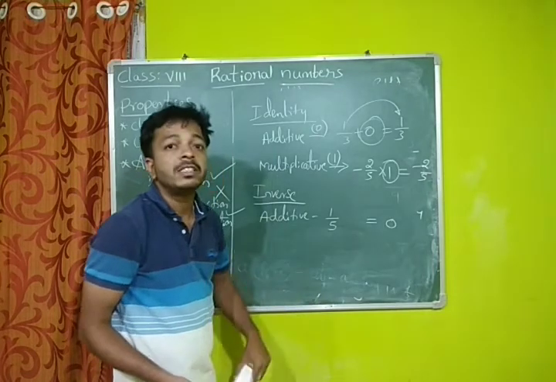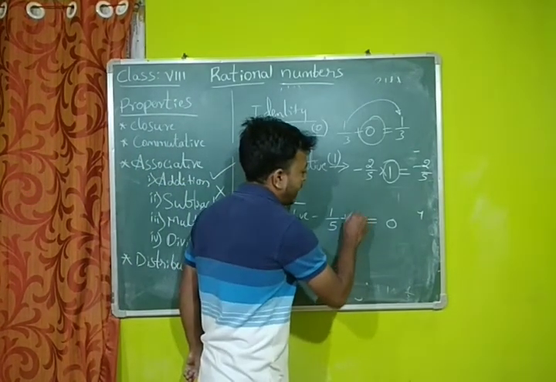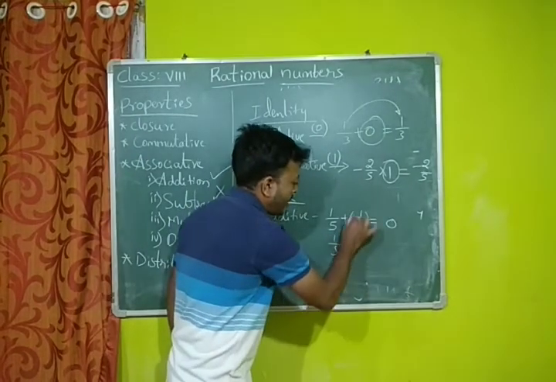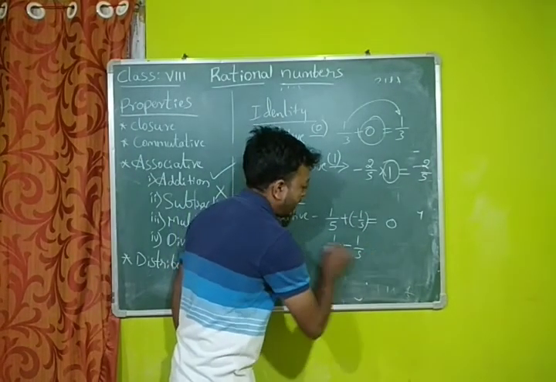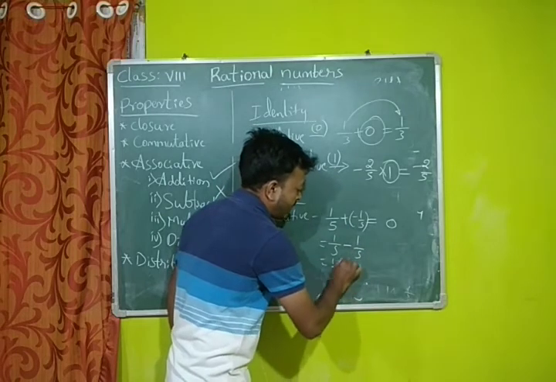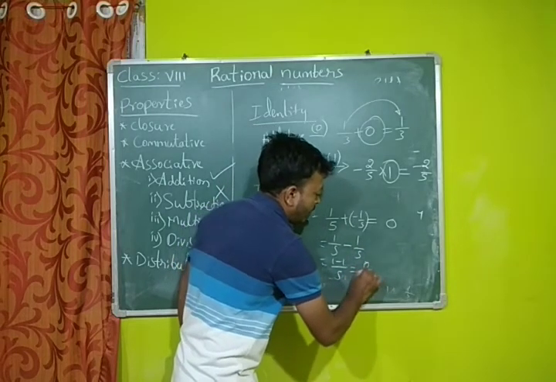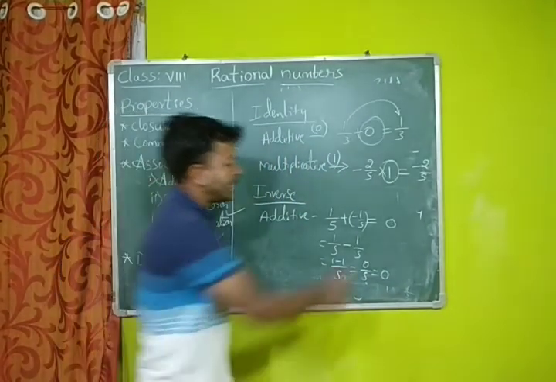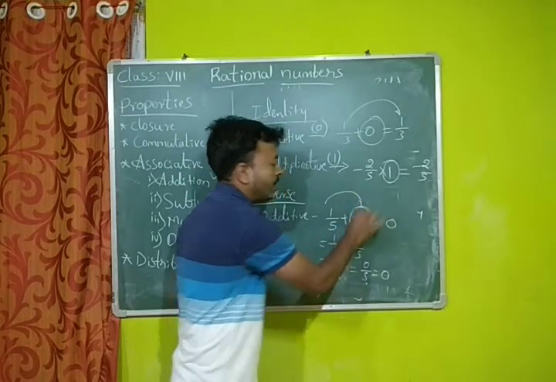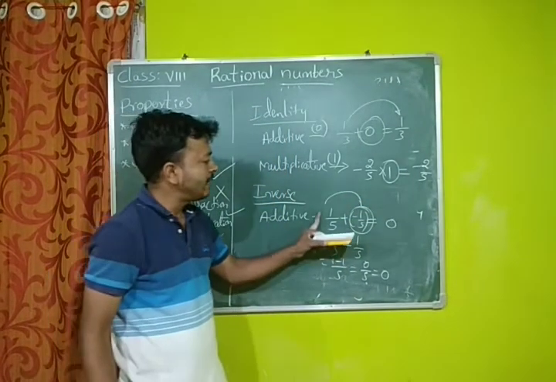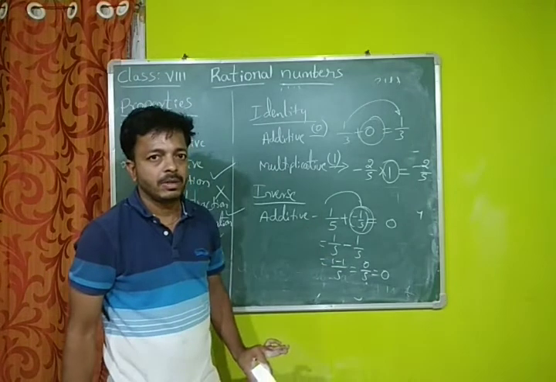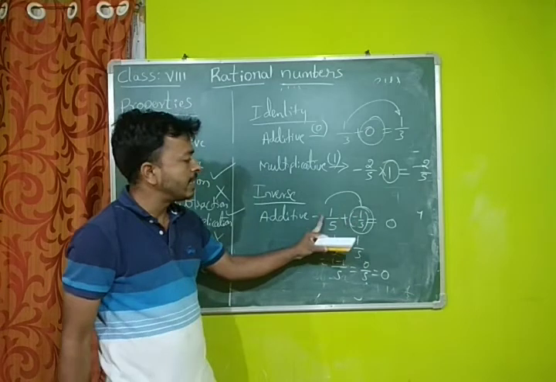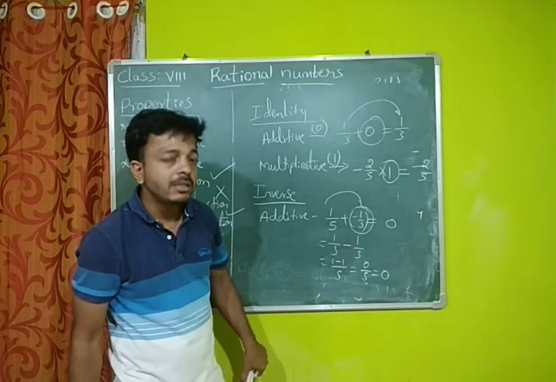The negative of this number. 1 upon 5 plus minus 1 upon 5 is 1 minus 1, that is 0 upon 5, which is 0. So the additive inverse is the negative of the number. You just have to change the sign. If it is a plus number, take the minus number. If it is a minus number, take the plus number.